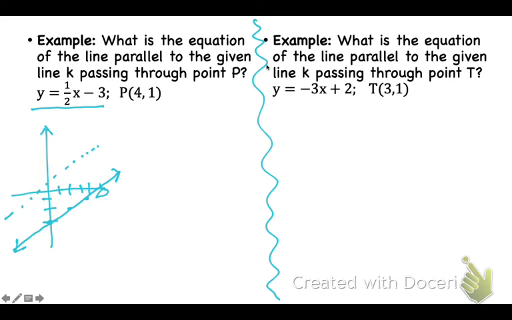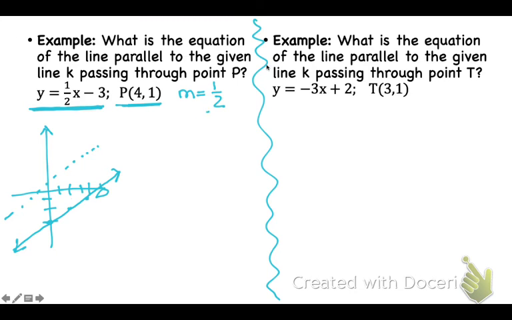So I should already know the slope because to be parallel, the slopes have to be what? The same. Okay? So what is the slope of this line? 1 over 2. So m equals 1 over 2, and my new line is going to pass through this.